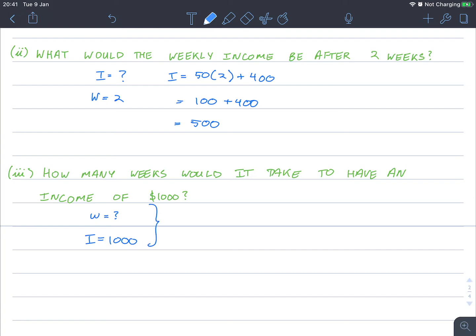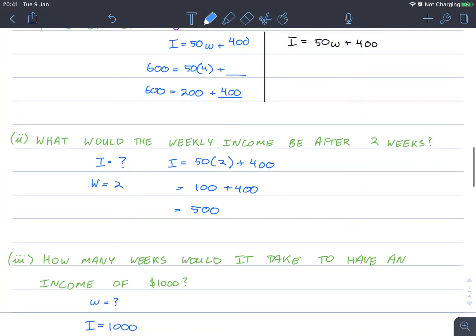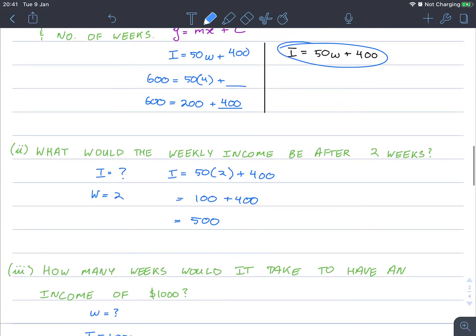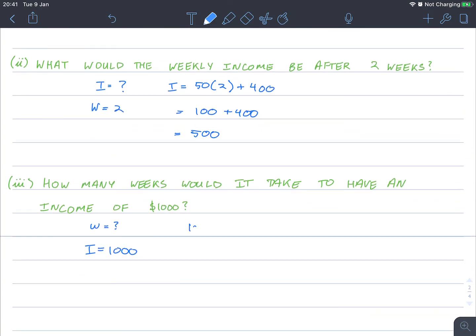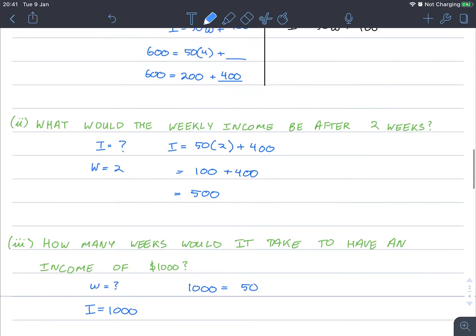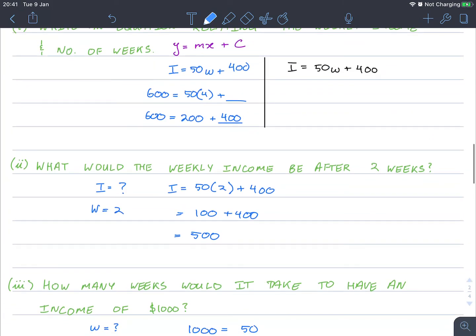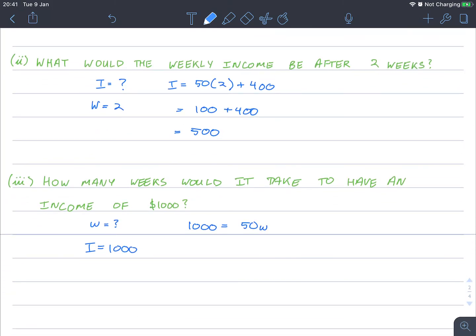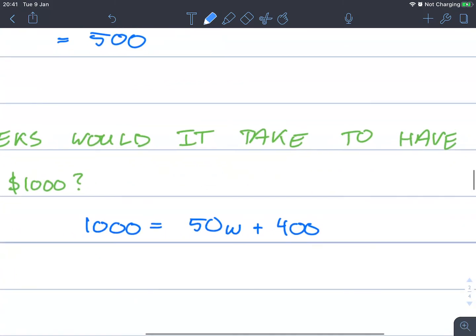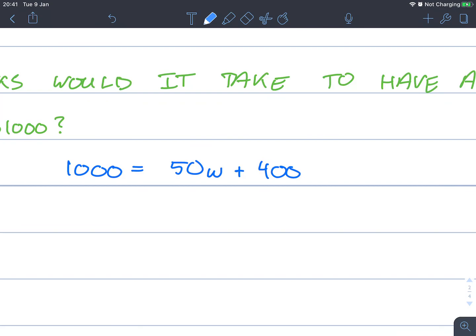Substituting this into our equation up here in black, we're being told the income is 1,000 is equal to 50 W. We don't know what W is, so let's leave it at W, plus 400.